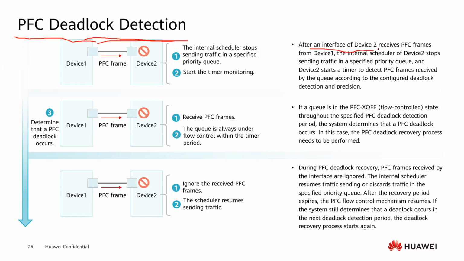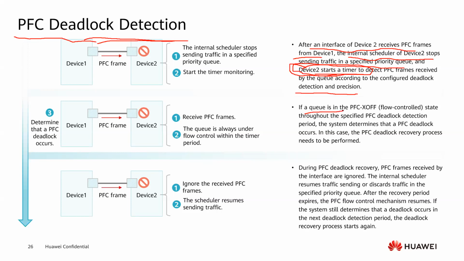After an interface of device 2 receives the PFC frame from device 1, the internal scheduler of device 2 stops sending traffic in a specified priority queue, and device 2 starts a timer. So this is important: device 2 will start a timer to detect PFC frames received by the queue according to the configured deadlock detection period.